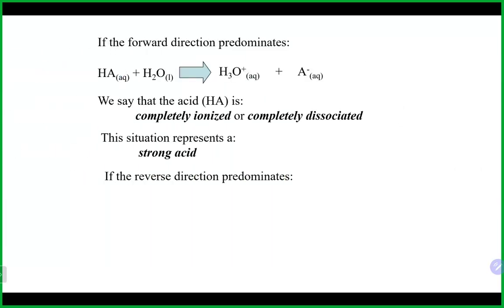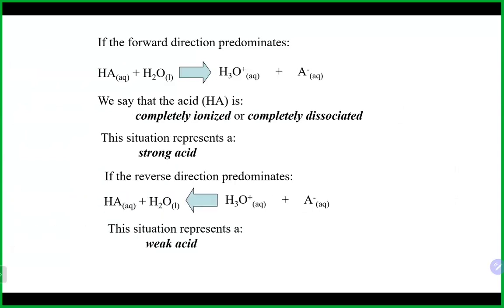If the forward direction predominates, with the giant arrow, you have a strong acid, which will completely ionize or dissociate in water. That's a fancy way of saying it's going to completely break apart and not stay together. If the reverse direction predominates, then you have a reversible weak acid.